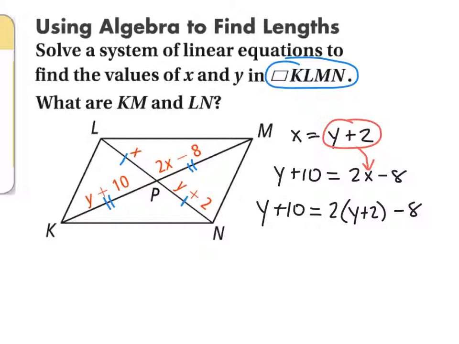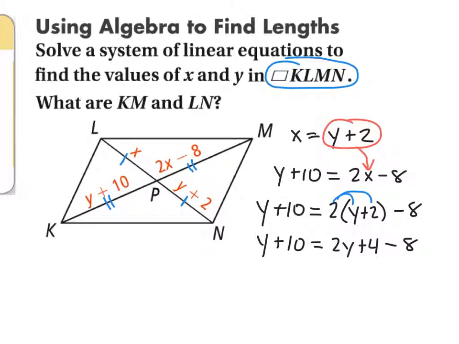Now notice I have one equation and all it has in it are y's. So now I can solve that one equation for y. I need to distribute 2 first. So y plus 10 equals 2y plus 4 minus 8.